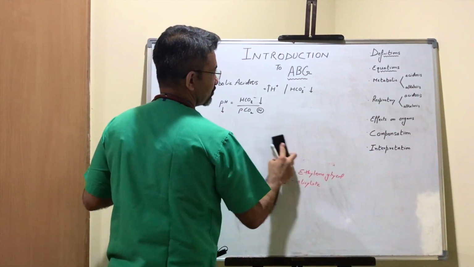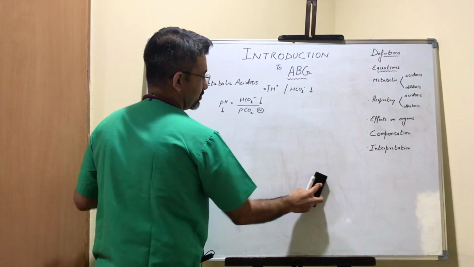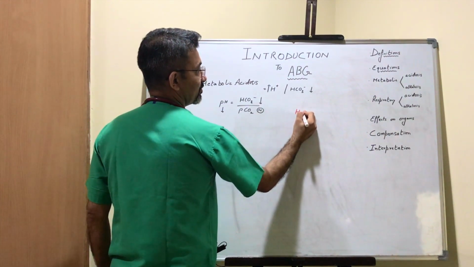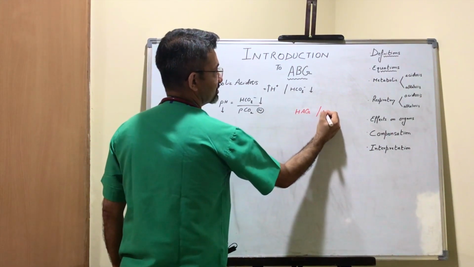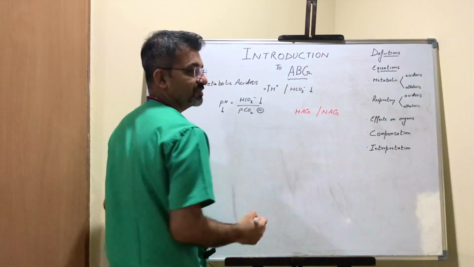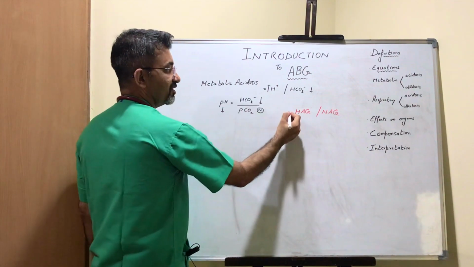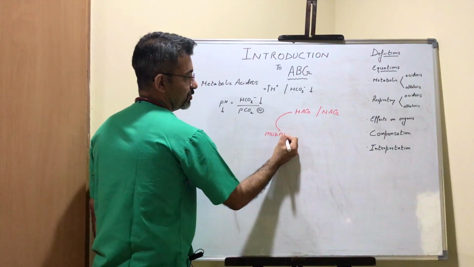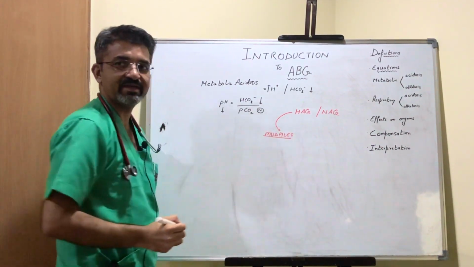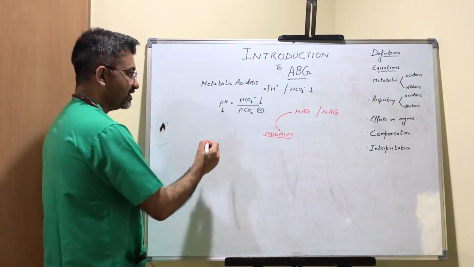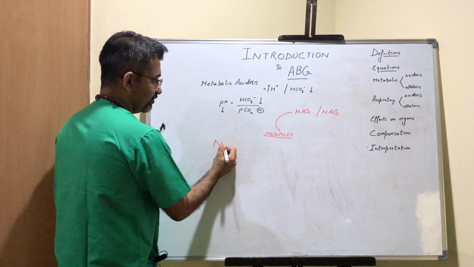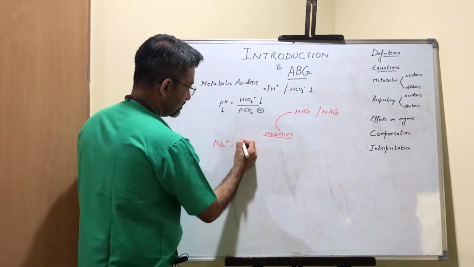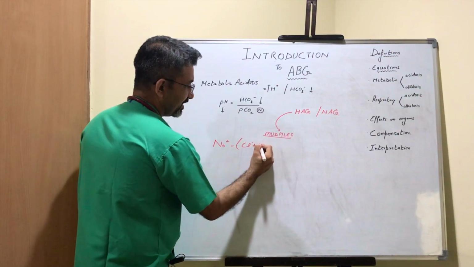Now when we talk of metabolic acidosis, we are talking of high anion gap or normal anion gap metabolic acidosis. So MUDPILES is basically a mnemonic for high anion gap. What do you mean by anion gap? We take sodium, which is a predominant extracellular cation, and we subtract chloride and bicarbonate from it.